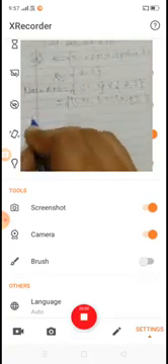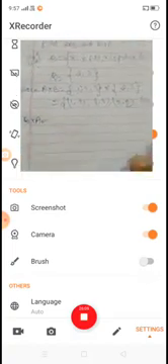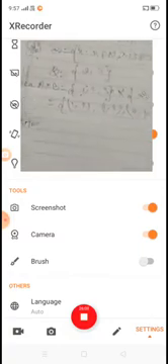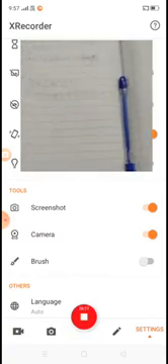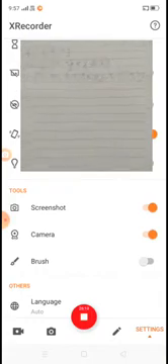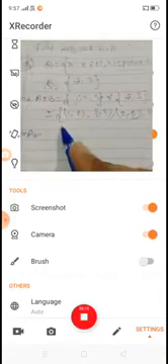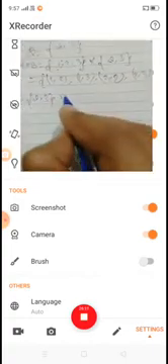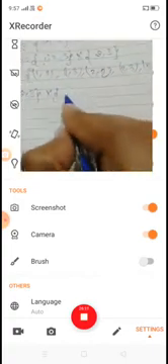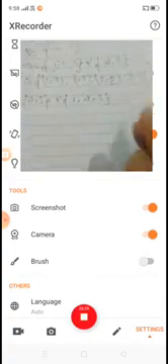Similarly, we find the set B cross A. Now, first of all, we write the set B, which is {2, 3}, cross the set A, which is {1, 2, 3}.